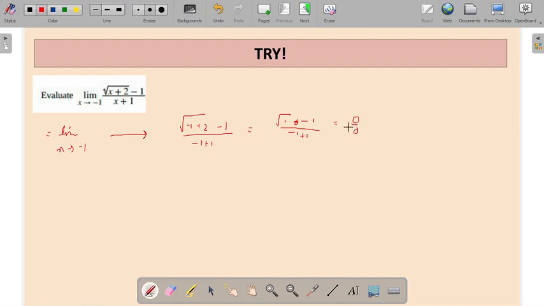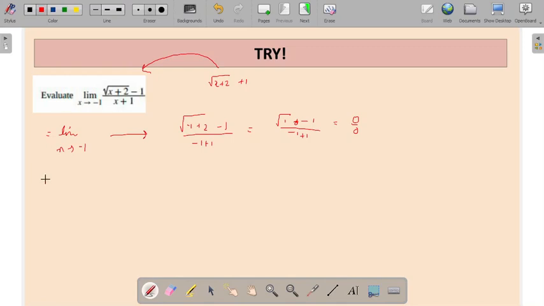Here, we have the term root x plus 2 minus 1. Let's try multiplying it by under root x plus 2 plus 1, which is the conjugate of this term, on the numerator and denominator.